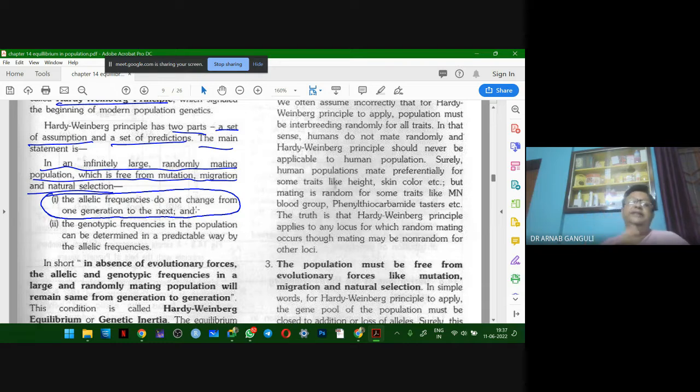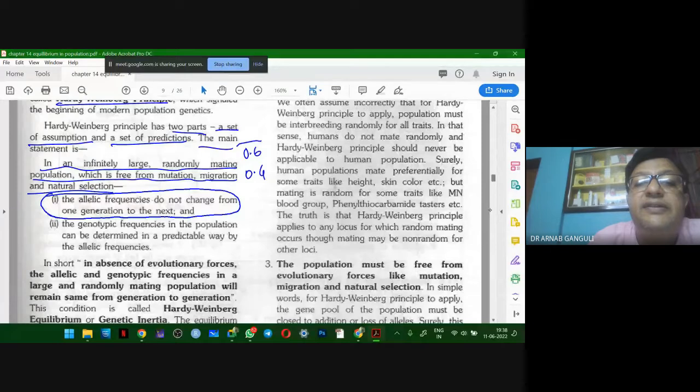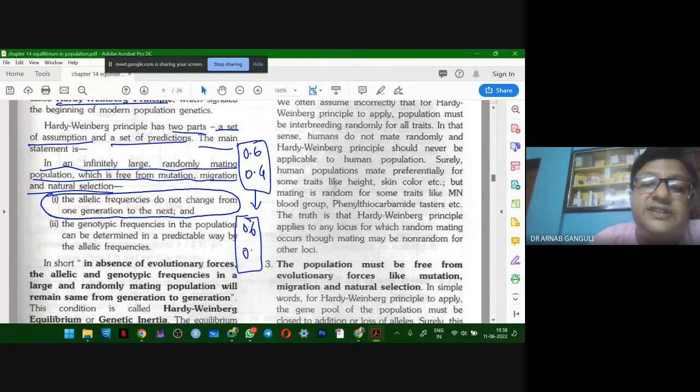The allelic frequency which you have seen for testers and non-testers, 0.6 and 0.4, from one generation of this population to the next generation, it will remain the same. It will not change.